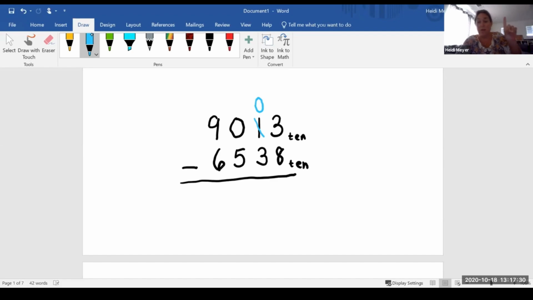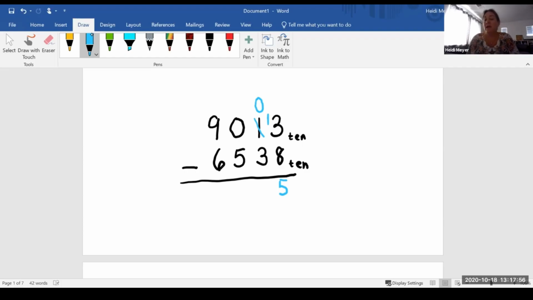I've borrowed one group of 10, which in the ones place becomes 10 ones. I show that by putting a 1 in front of a 3, which makes it a 13, and 13 minus 8 is 5. So I'm always exchanging 10s, one group of 10 for 10 ones.